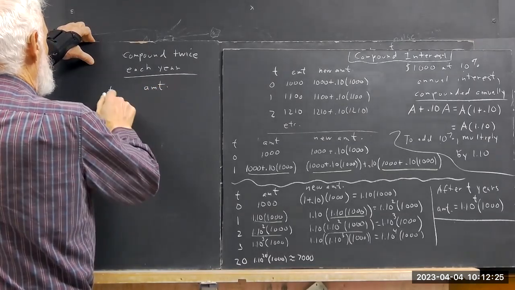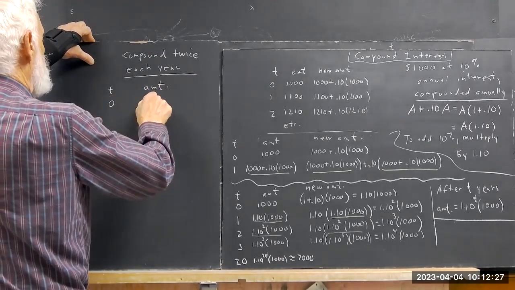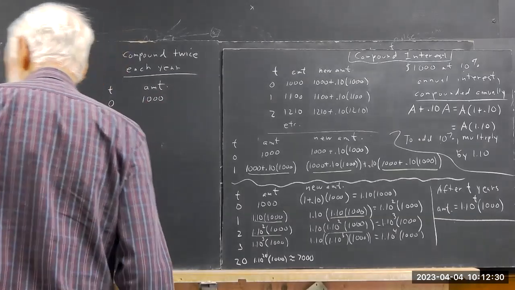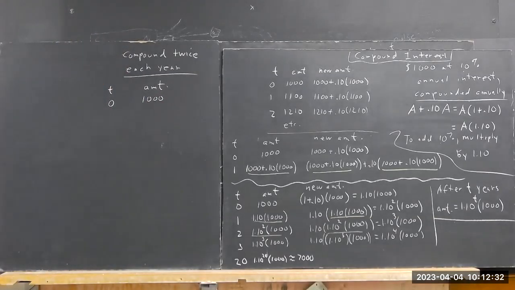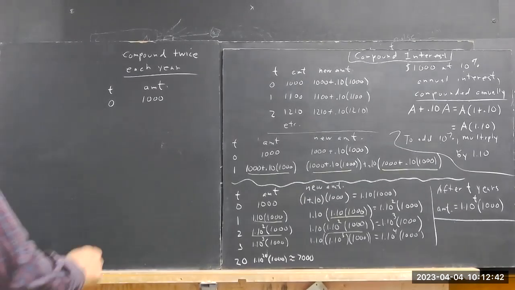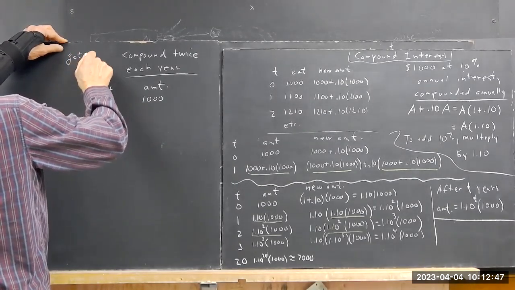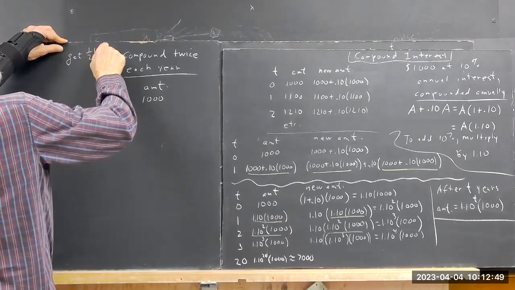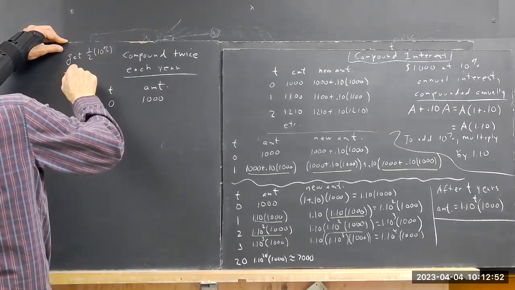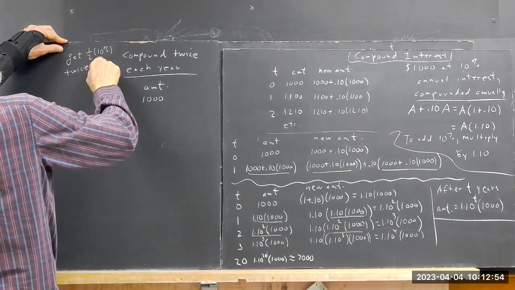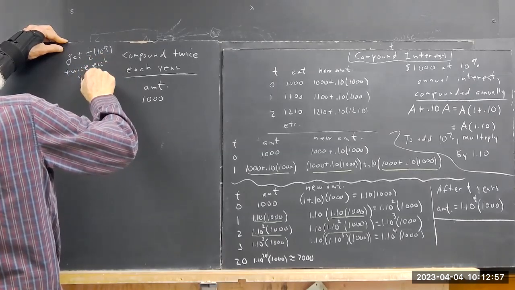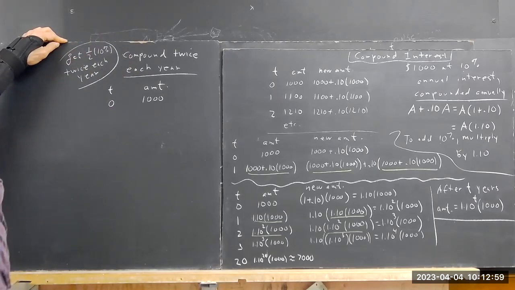I'm going to abbreviate this quite a bit. T is 0, the amount's $1,000. Now, how much are we going to have after 6 months? And the rule is we get half of 10% twice each year.